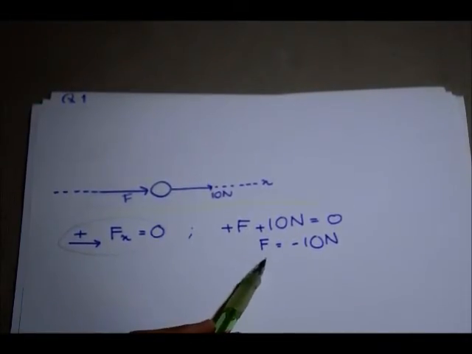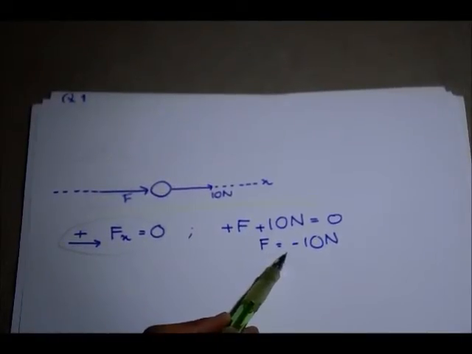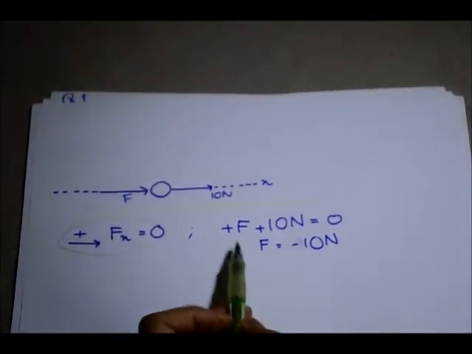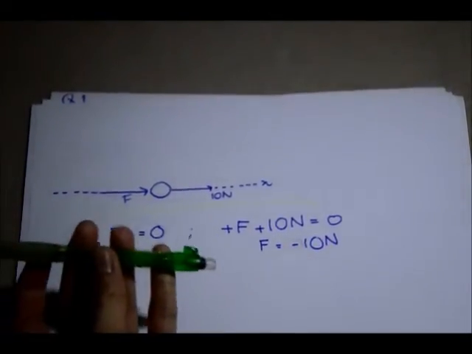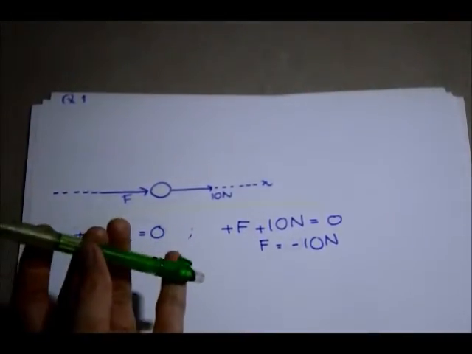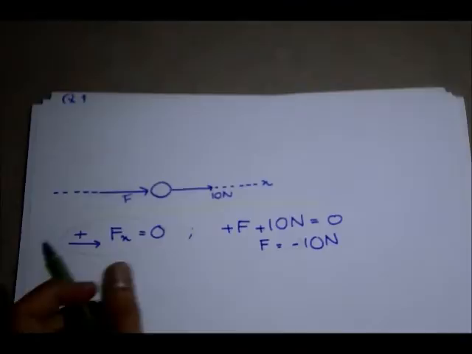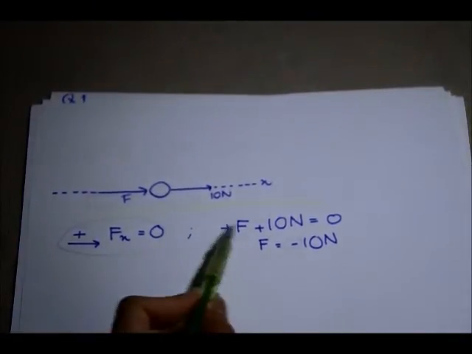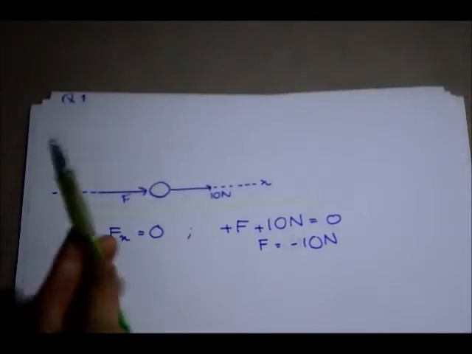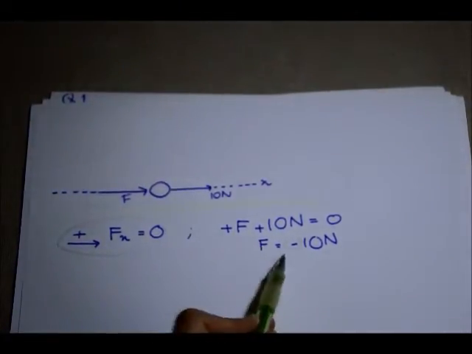When this equation is solved, we get F equal to negative 10 Newton. Here, the negative sign indicates that F must act to the left to hold the particle in equilibrium. In addition, if the positive x-axis were directed to the left, both terms would be negative. But again, after solving, F is still equal to negative 10, indicating that F would be directed to the left.